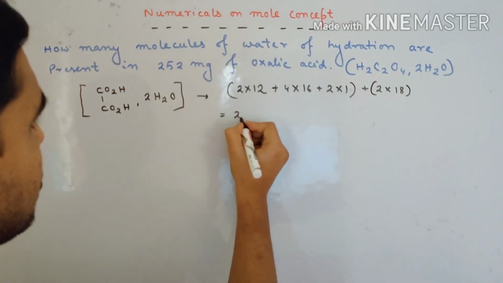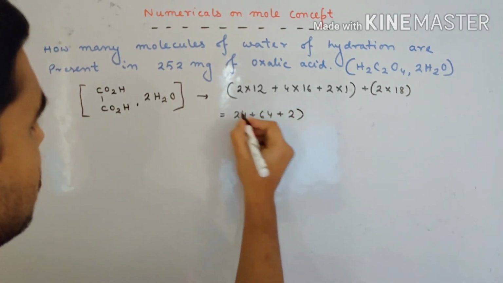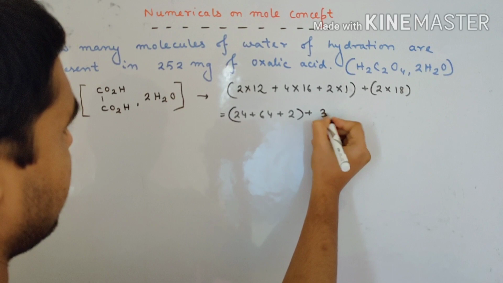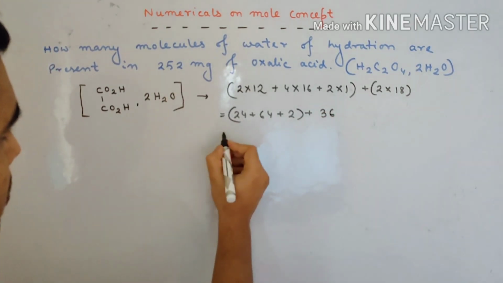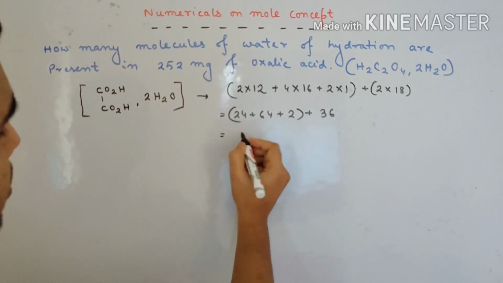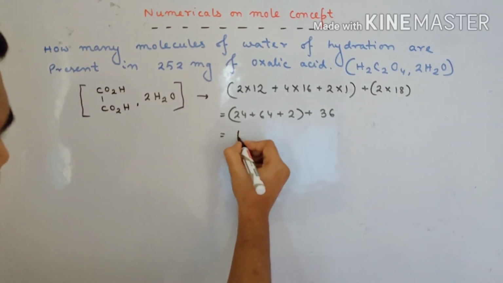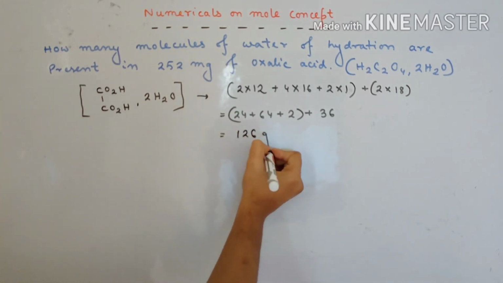So we are getting 24 plus 64 plus 2 plus 36. 26 plus 64, we are getting 90 plus 36, that is 126 gram.